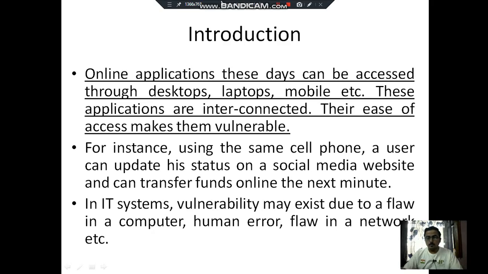So how? Using the same cell phone, a user can update his status on a social media website like Facebook or Twitter, and using the same cell phone, he can transfer funds online in the very next minute.